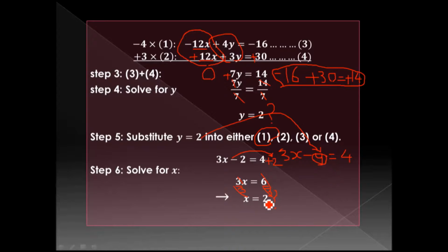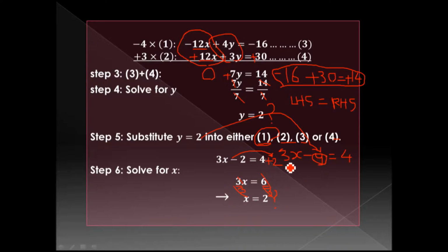So what we have to do is to plug in the value of x and y into either equation 1, 2, 3, 4. And if these solutions are indeed correct, the answer that you obtain on your left-hand side in any equation of your choice should be equivalent to the answer you obtain on your right-hand side, which of course upholds the basic law of equations. Your right-hand side should be equivalent to your left-hand side.